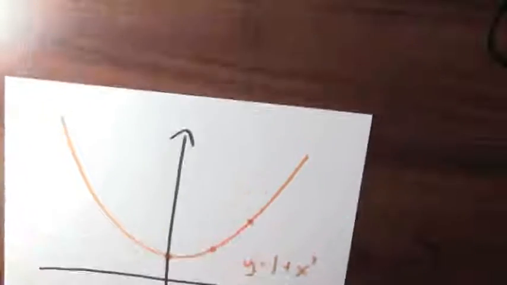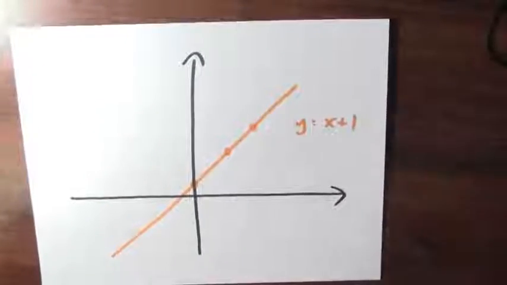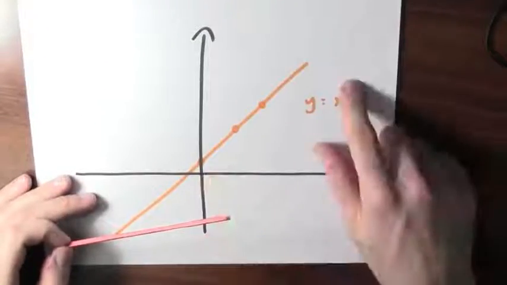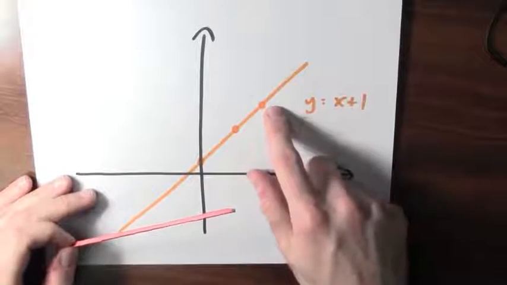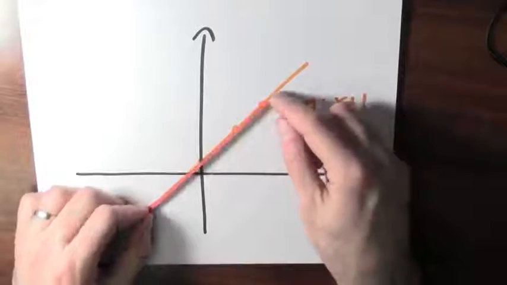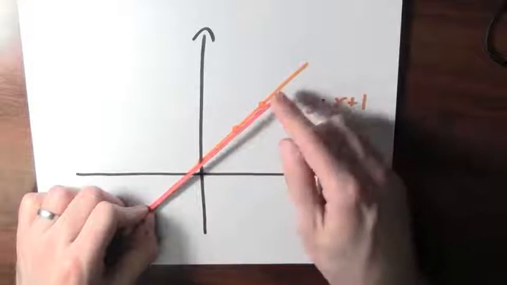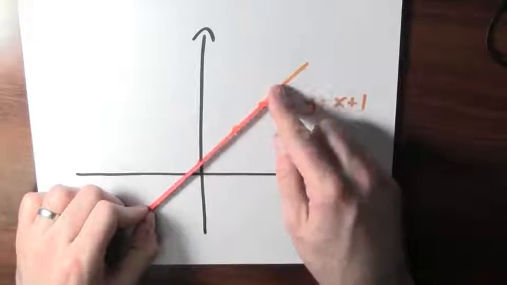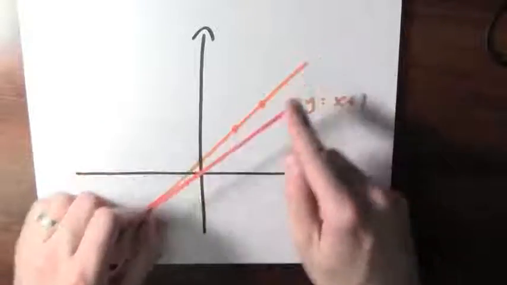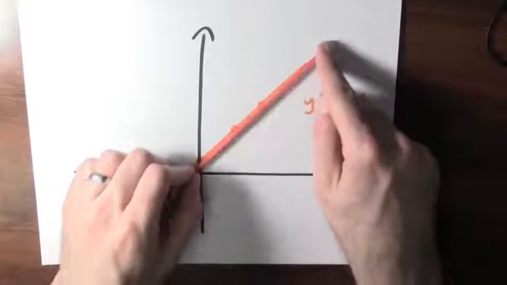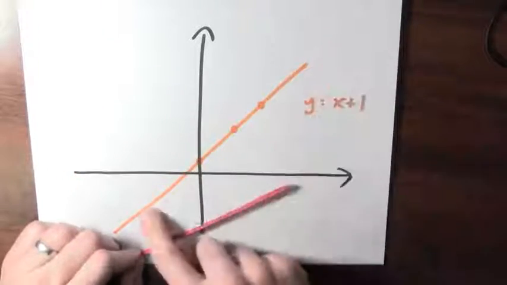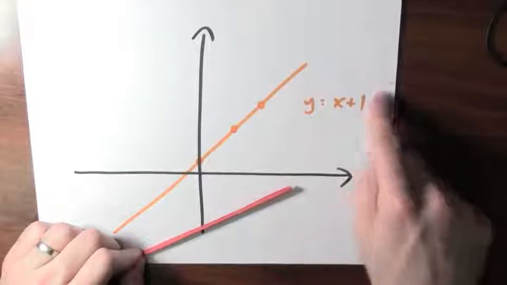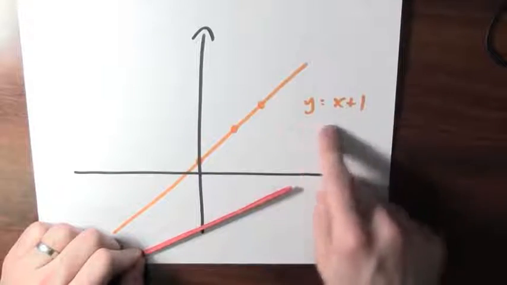Contrast that with, say, this example of just a perfectly straight line. Here I've drawn 3 points on this line. If I draw the tangent line to this line, it's just itself. I mean, the tangent line to this line is just the line I started with, right? So the slope of this tangent line isn't changing at all. And the second derivative of this function, y equals x plus 1, really is 0, right?